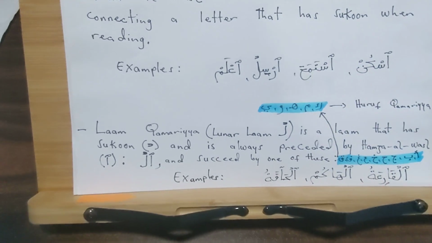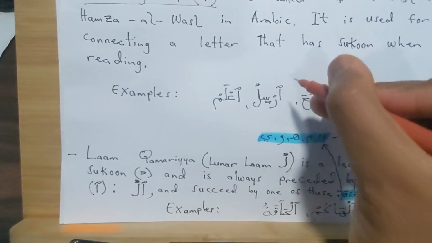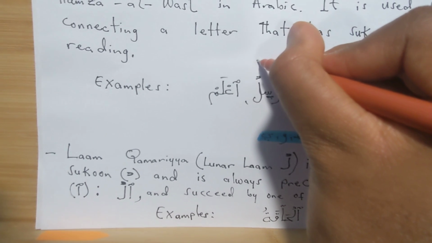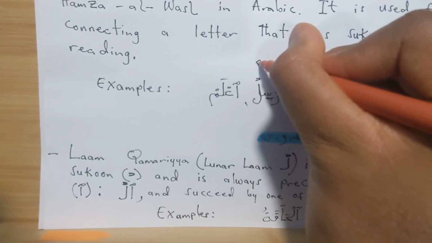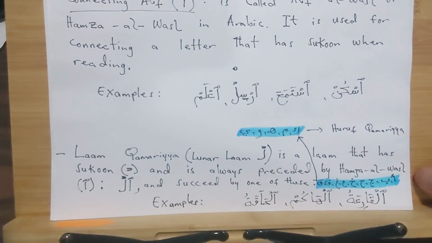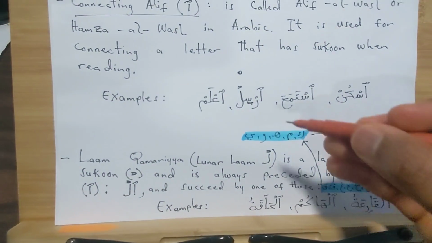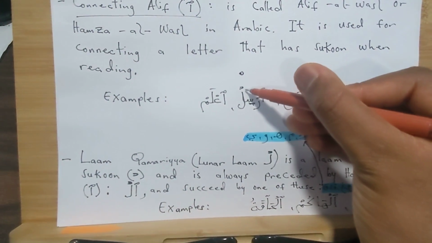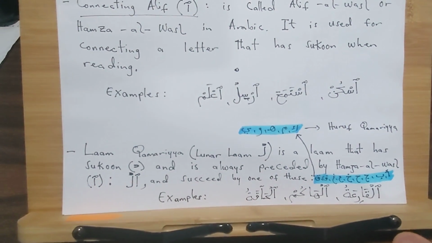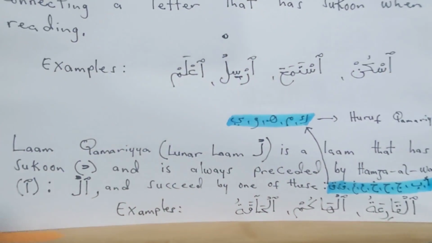It's written like a ha, although in other than the Quran, it is written like a circle. But in the modern Mus'haf, the Mus'haf that we have now, the sukoon is written like this. That is why I use the same style in the Quran.